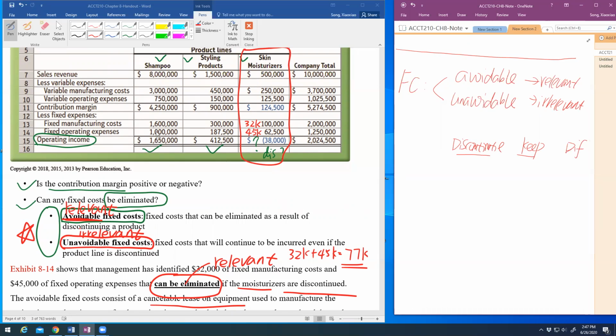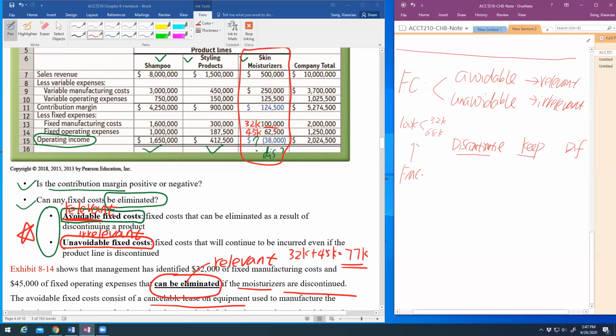Okay, so for the fixed manufacturing cost, the total is 100,000 here. So 32,000 is avoidable, and then the other 68,000 is not avoidable.